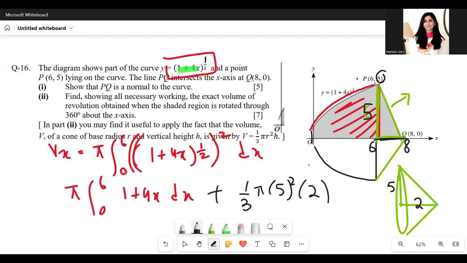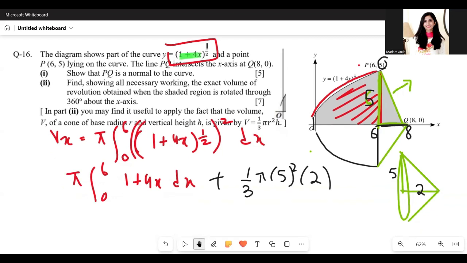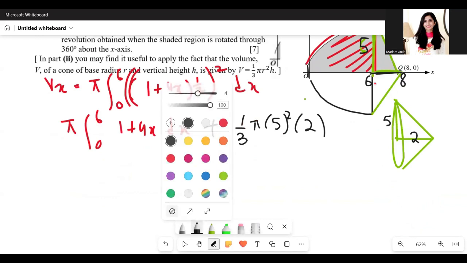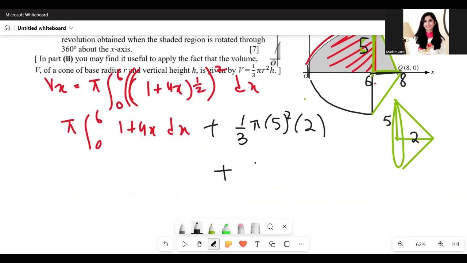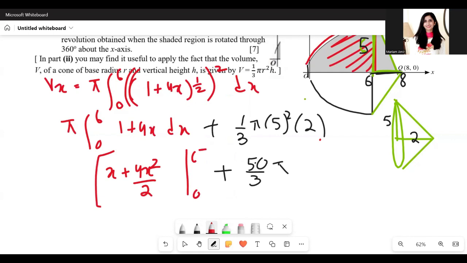Okay, 25 times 2 is 50, so this would be 50 by 3 pi. Now let's integrate the curve. That would be x plus 4x squared upon 2, with limits 6 and 0, and outside there's also a pi. Let's simplify this and write 2 instead.